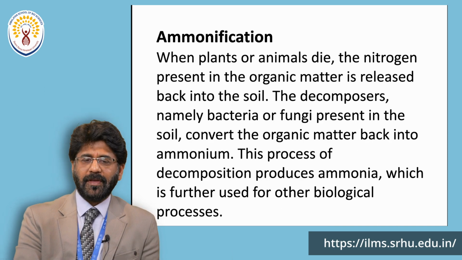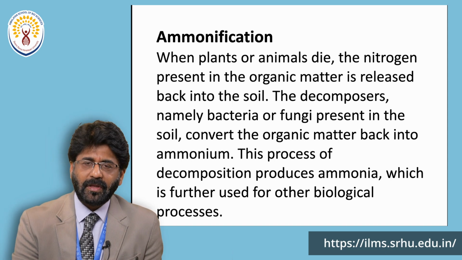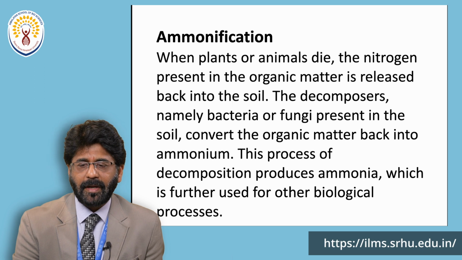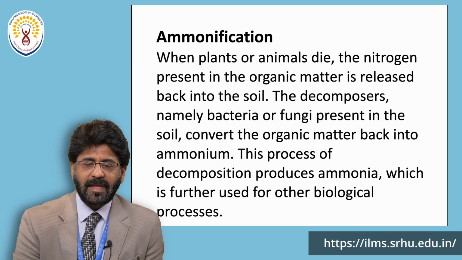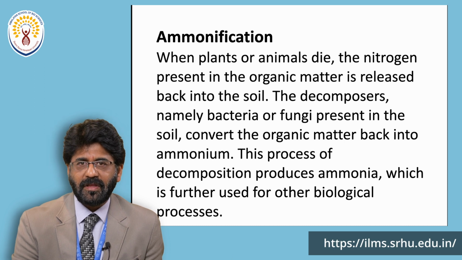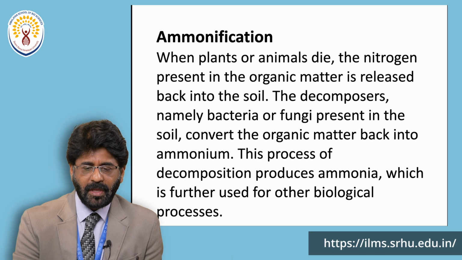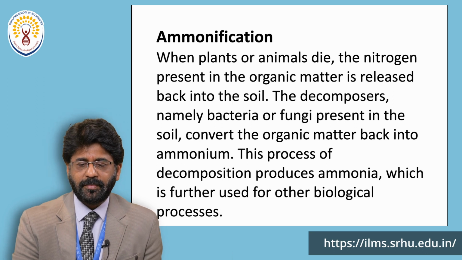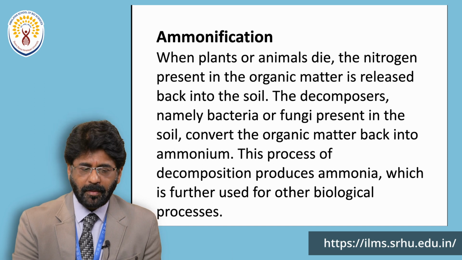Next is ammonification. When plants or animals die, the nitrogen present in organic matter is released back into the soil. The decomposers, namely bacteria or fungi present in soil, convert the organic matter back into ammonium. This process of decomposition produces ammonia, which further is used for biological processes.